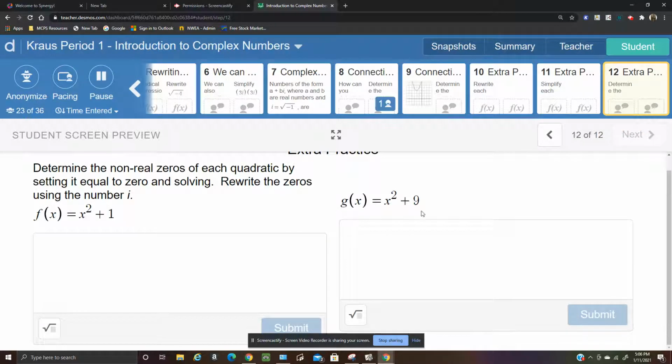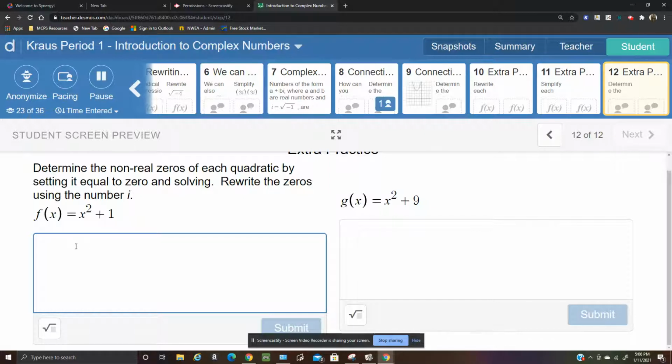All right, and then 12. Determine the non-real zeros of each quadratic by setting it equal to 0 and solving. Rewrite the zeros using the number i.